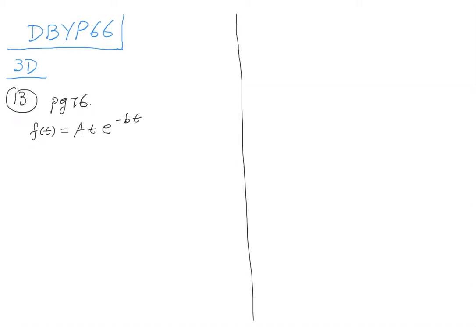So for A part 1, I told you already, if you want to talk about local maximum, local minimum, or stationary, you must get your f prime t. So this is a product of two functions. So you have to use product rule.